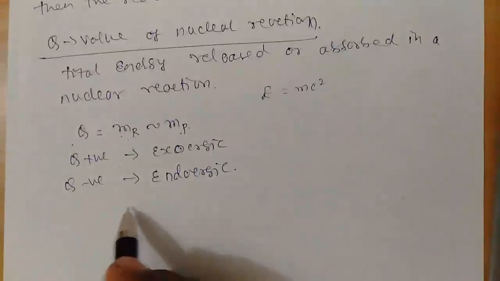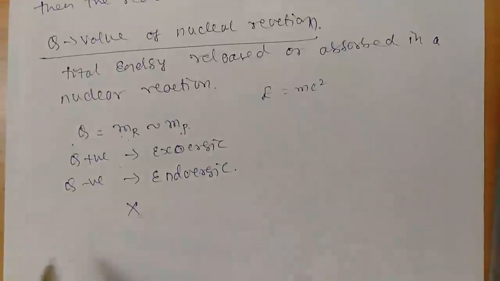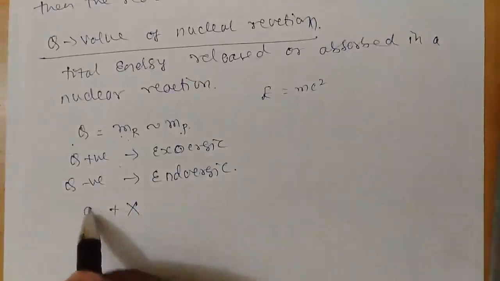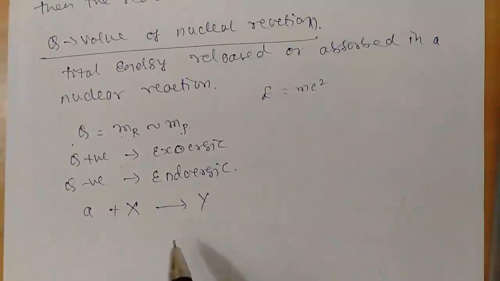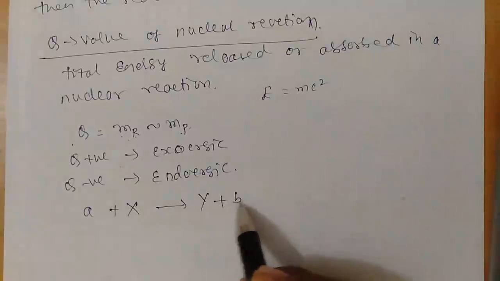Now let us consider a reaction. Let X be the target nucleus, which a projectile is made to bombard, and we have the production of the residual nucleus and the ejectile.